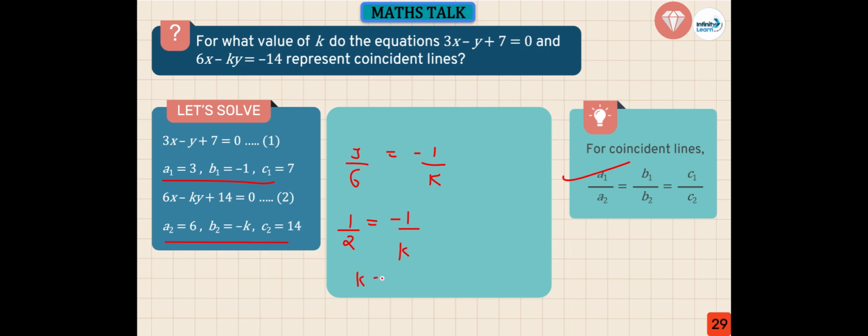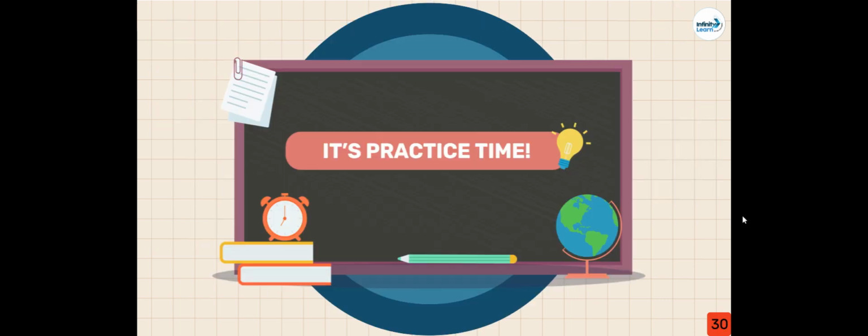The value of k is minus 2. Clear? Minus 1 upon minus k, sorry. Minus minus cancel. The value of k is plus 2. Clear? Say yes or no.